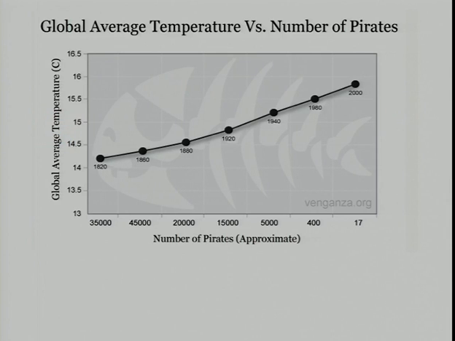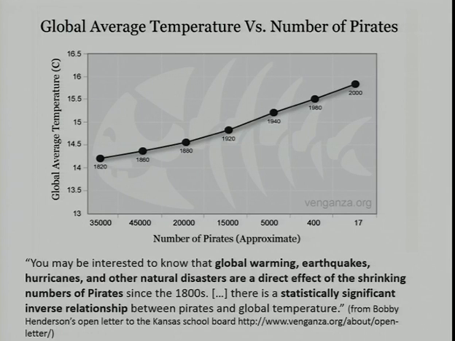How many people know this one? Serious research, right? This is something that really tells you something about the relationship between temperature averages and number of pirates. Global warming is bad for everyone, right?